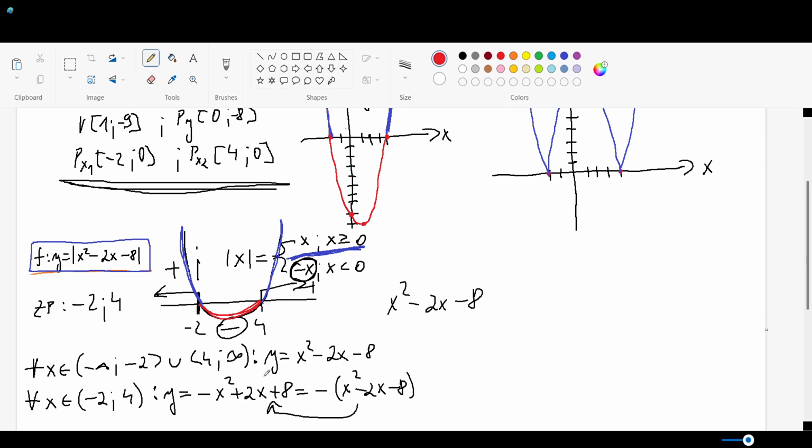So basically what we are supposed to do now is to sketch two graphs. The first graph will be representing this parabola, and the second graph will be representing this parabola.